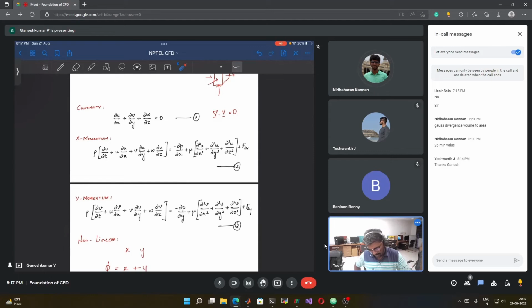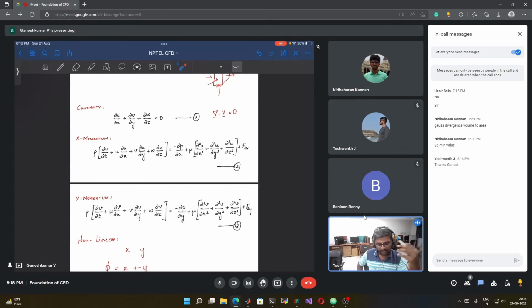So now, let's say you want to solve these three equations. Can you solve these three equations together analytically, by means of whatever we did today? Like we had an ordinary differential equation, we assumed the solution, we substituted it, we got the auxiliary equation, we got the complementary function, we found the particular integral, all these things we did.